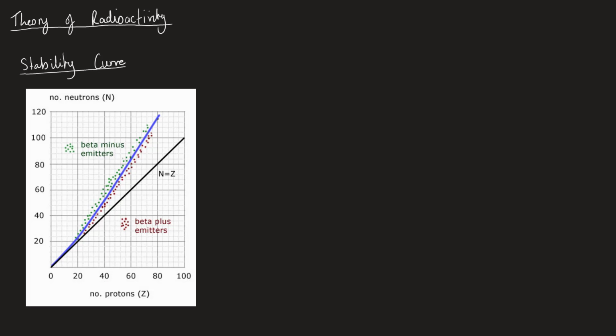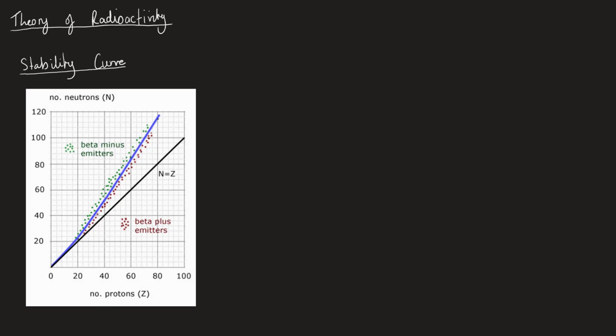Now, the first thing we have to see is that we have different paths that radioactive substances can go down, right? Some radioactive substances will decay through an alpha, some will decay through a beta, some will just emit gamma rays. Why do some go down one path and why do others go down the other?